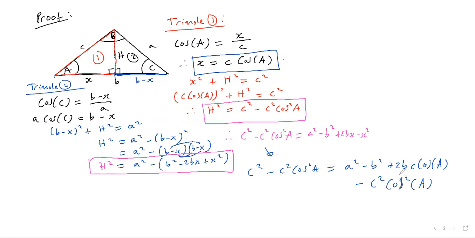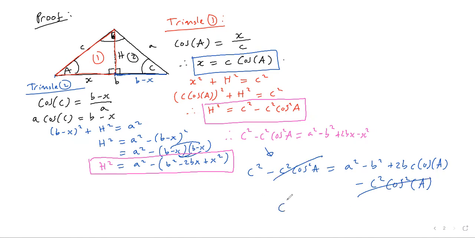Now we've got an equation with negative c squared cos squared a on both sides. We can add this to both sides, and this will actually cancel out.